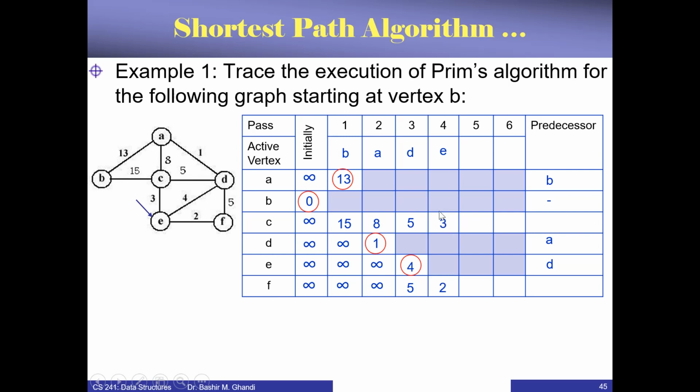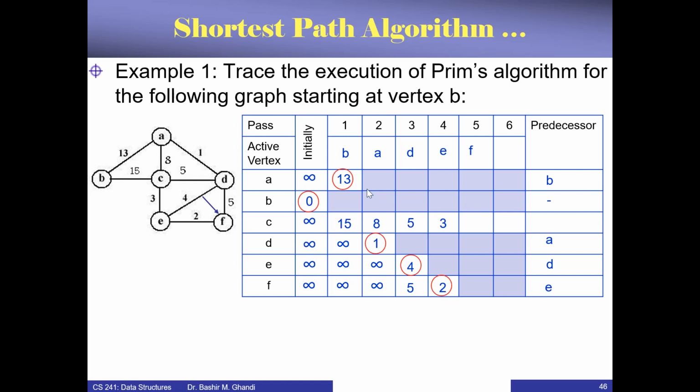Among 3 and 2, which is the smallest? 2 is obviously the smallest. So we're going to finalize vertex F with a cost of 2, with the predecessor being E. And therefore, we're going to make F, the one we just finalized, our next active vertex.